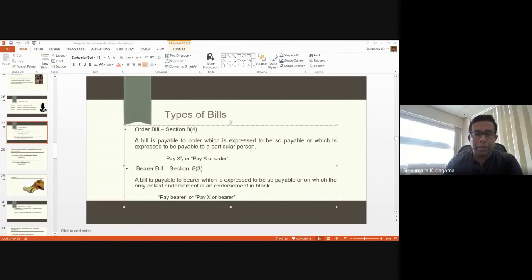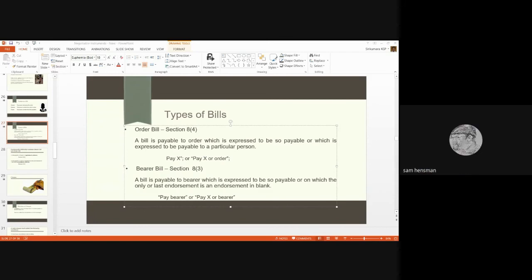Now imagine Y endorses the bill without mentioning the name of any other party to whom it is endorsed. It has been endorsed, but there is no endorsee, which we call an endorsement in blank. Now, what is the position of the bill? Bearer. Now it's a bearer bill.